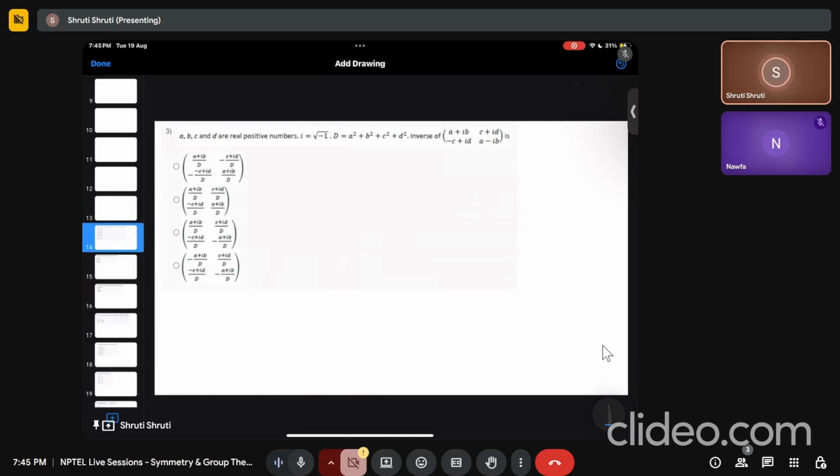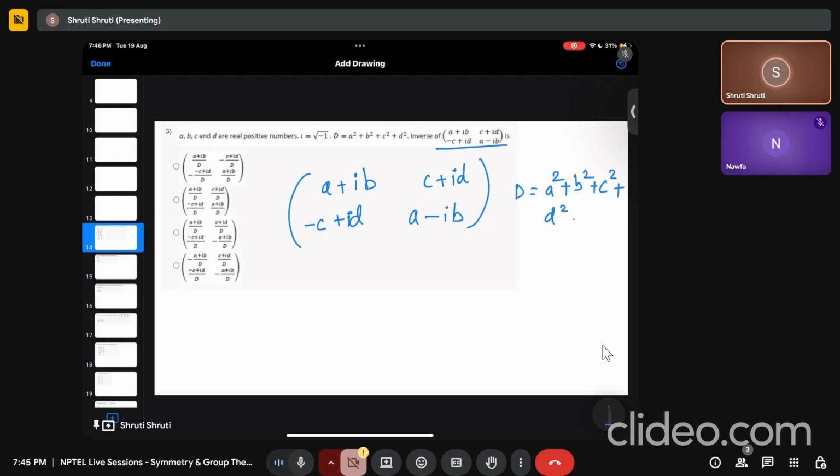The matrix has entries A plus IB, C plus ID, and A minus IB. Its determinant is A squared plus B squared plus C squared plus D squared. How do you find the inverse?